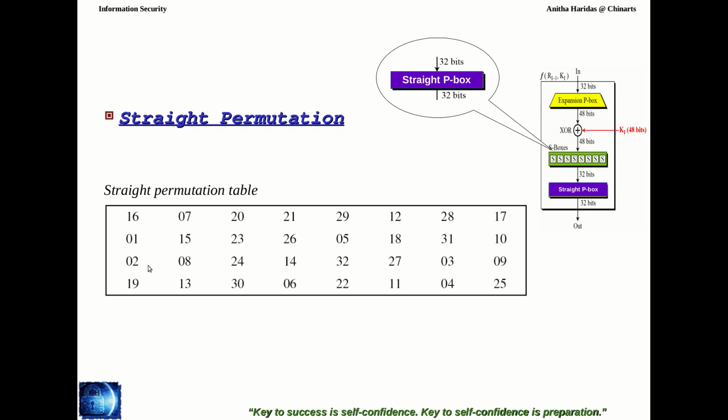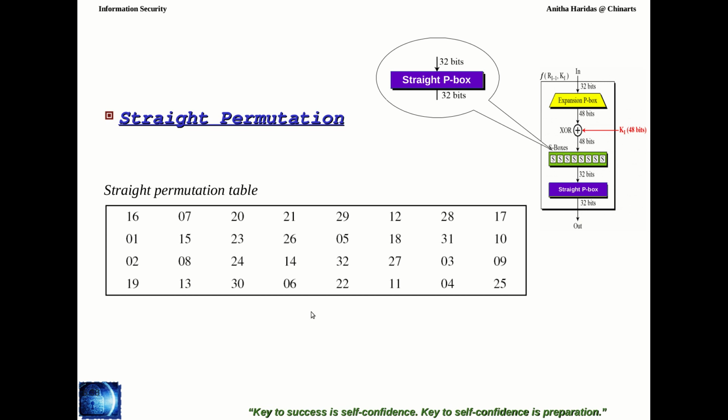The same way, the 2nd bit of the input becomes the, here it is 1, 2, 3, 4, 5, 6, 7, 8, so 16, so the 17th bit. So the 2nd bit of the input becomes the 17th bit in the output. This is how the straight permutation shuffles the bits for more security.